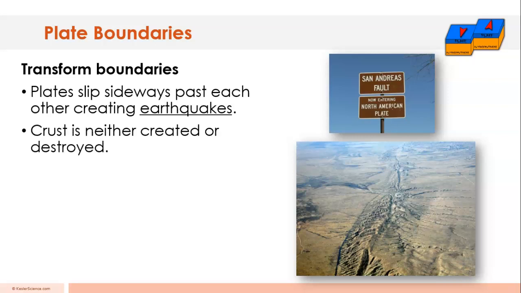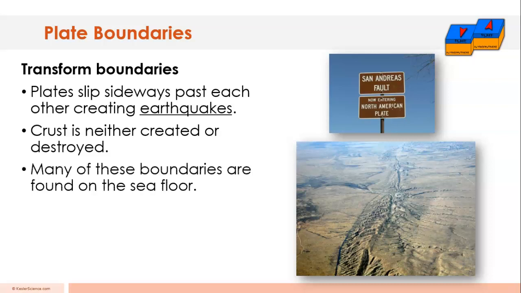In this case, crust is neither created nor destroyed. Pieces can be broken off, but the pieces of crust are still there. They're not getting melted down into the mantle or things like that. So it's not destroyed. It may be changed, but not destroyed. Neither is it created in these types of boundaries.